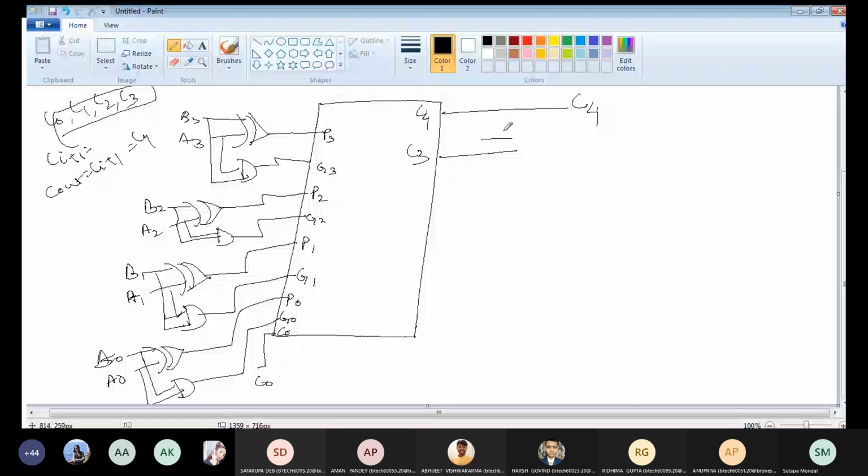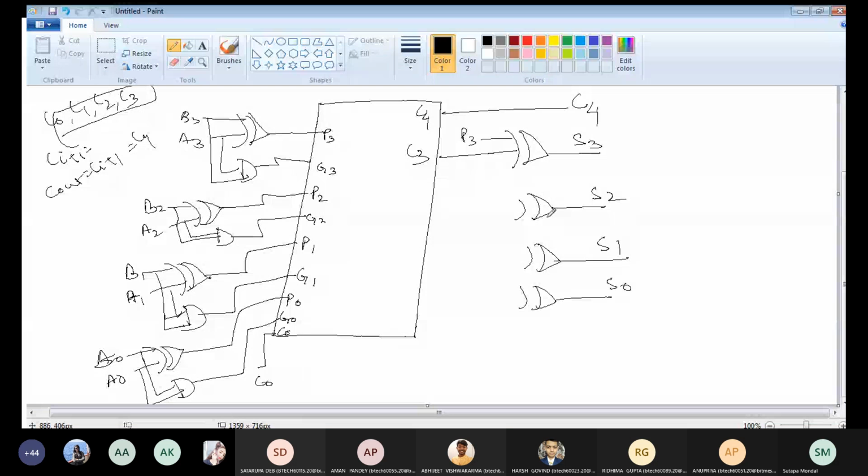This is your P3 and this is your sum. Again, one more XOR gate, you will be getting S2. One more XOR gate, you will be getting S1. One more XOR gate, you will be getting S0. Each one has one input P2, and the next one is C2. One input is P1 and the next is C1. One input is P0 and the next is C0.